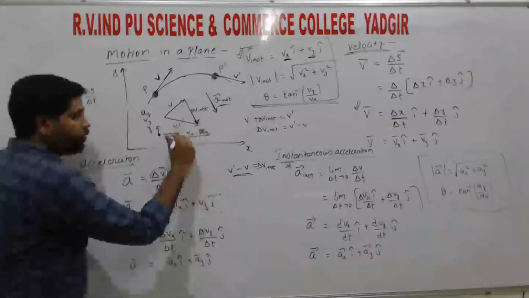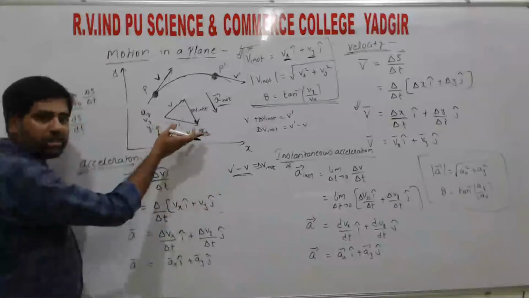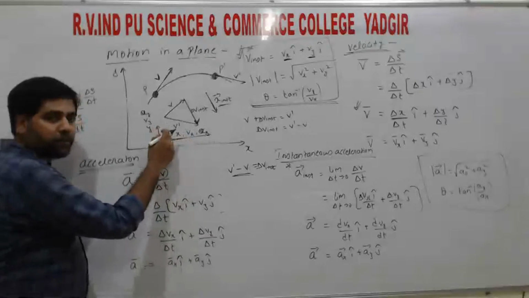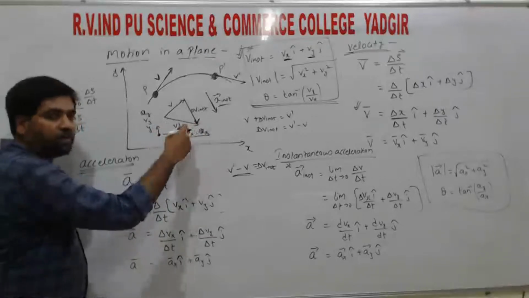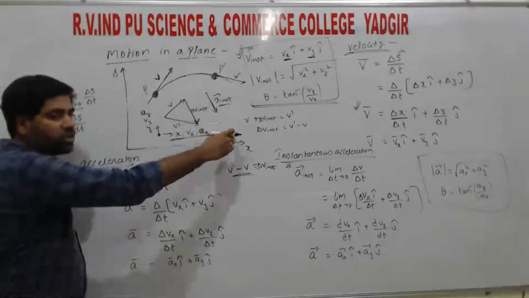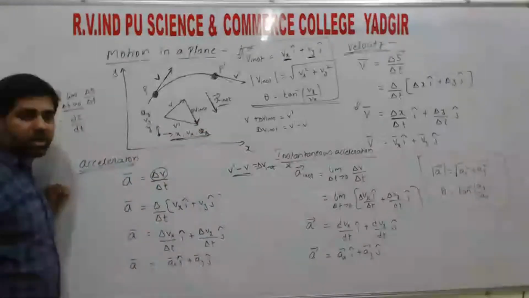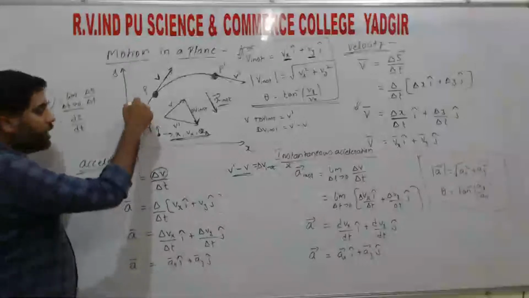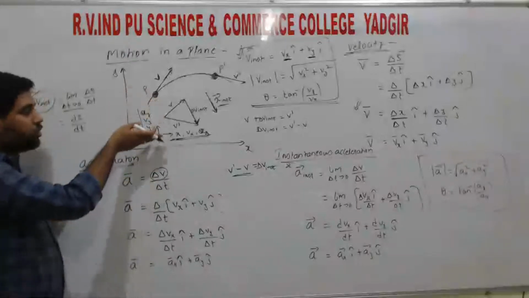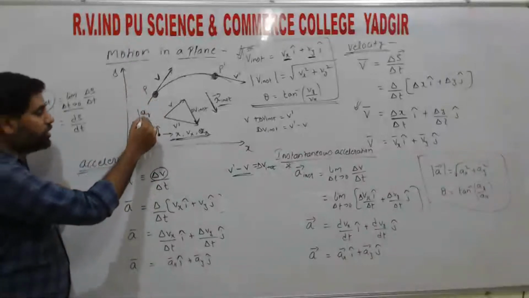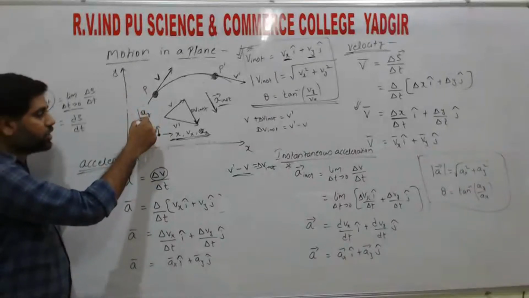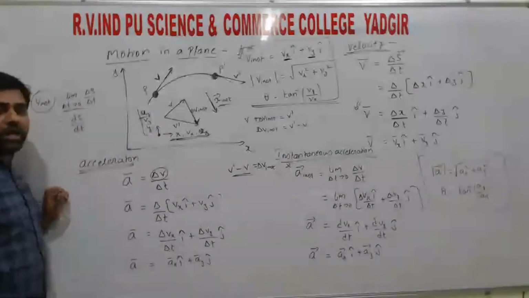So along x-axis we have only taken, that is motion in a straight line, only displacement along x-axis, that means velocity along x-axis, acceleration along x-axis. So we are considering only one dimension. In the same way, for a freely falling body or a body thrown vertically upwards in a straight motion, we take vertical acceleration, vertical velocity and vertical displacement.